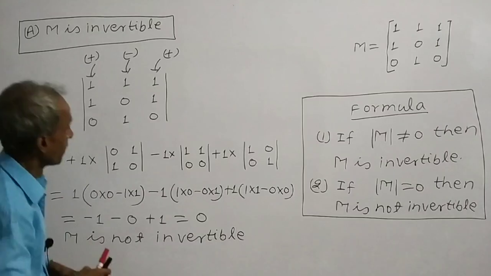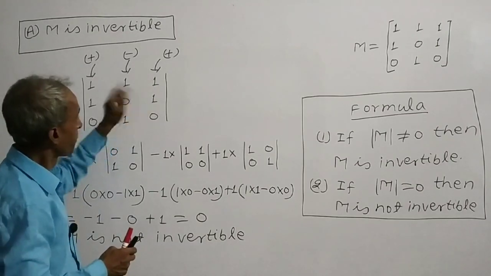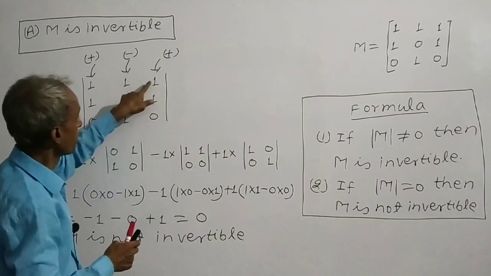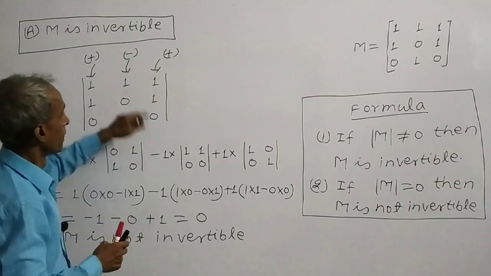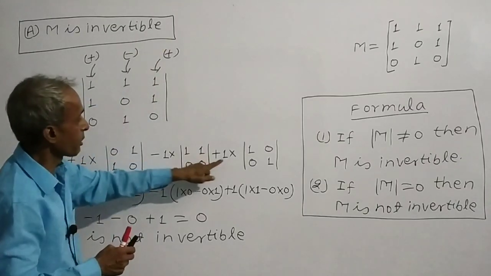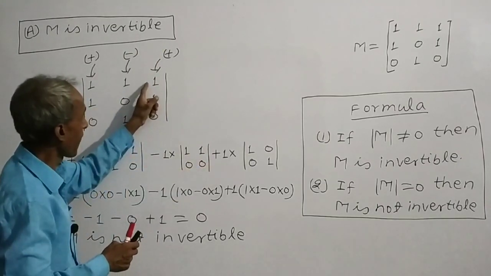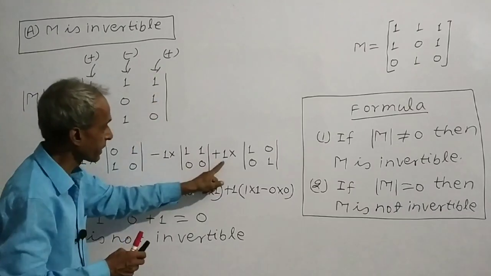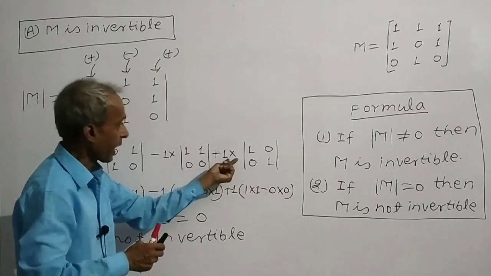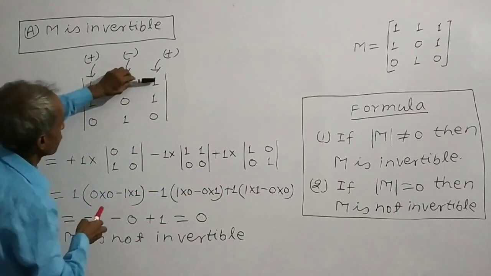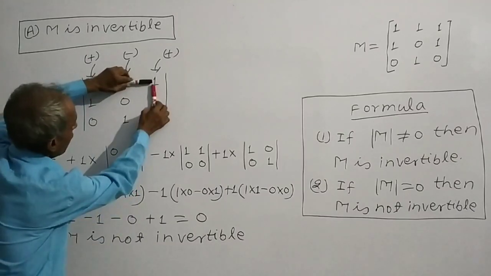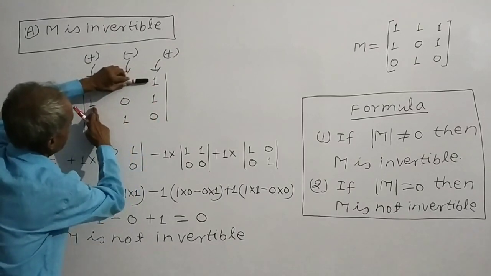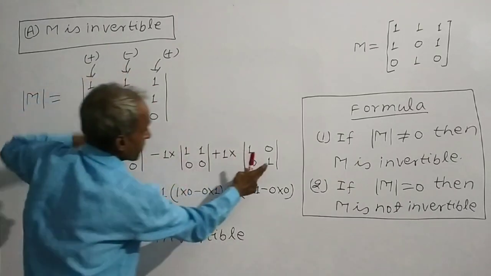The next term of the first row is 1. Here is a plus sign, therefore we write plus, then write the element at this position times; cover this row, cover this column, then there is left 1 0 0 1.